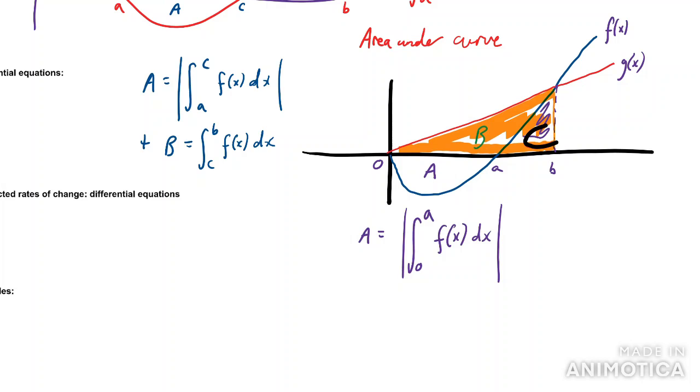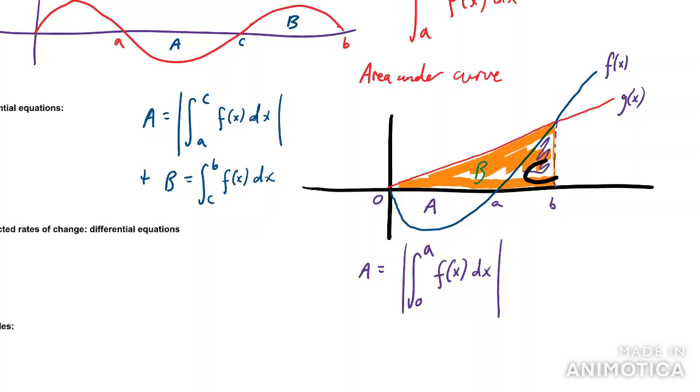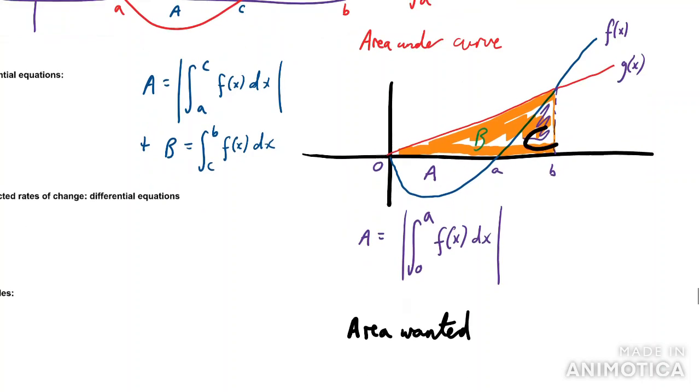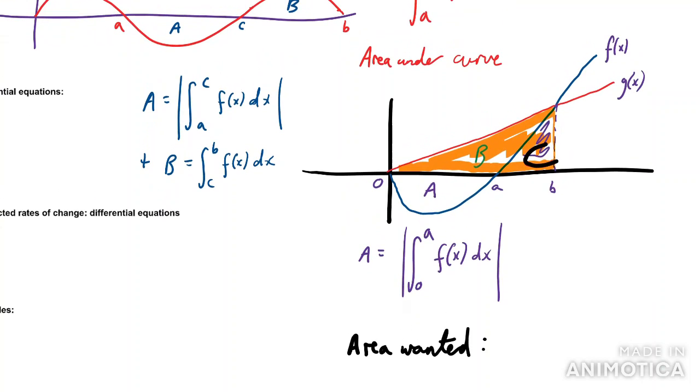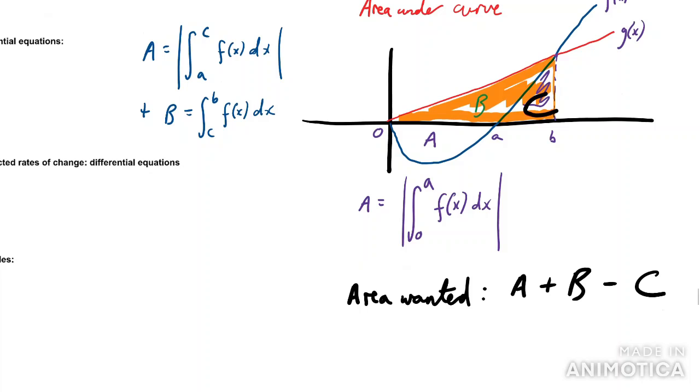Then what do I want? Well, the area wanted, just looking at it, is going to be A plus B, but remember that B is that whole orange triangle. So we need to subtract off C. And then all we need to say is, okay, what is B?